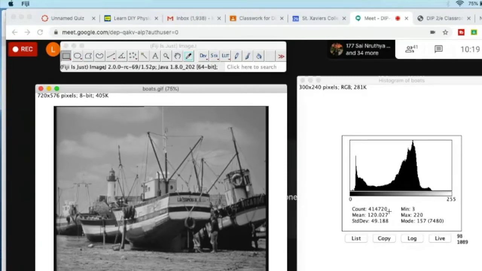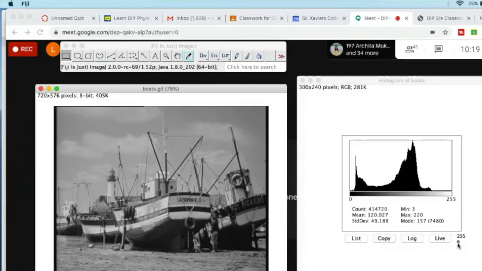And out of those, how many are having a particular value? As you can see, when I'm going along the horizontal scale from 0, the highest is 255. From 255, if I keep on going down up till almost 222, this value is coming 0.